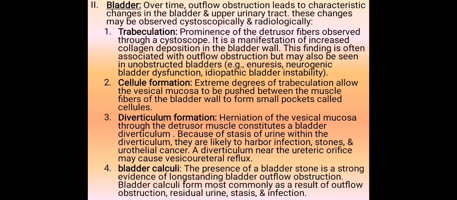A diverticulum constitutes a protrusion of the bladder mucosa outside the fibromuscular lining. Because of stasis of urine within the diverticulum, they are likely to harbor infection, stones, and urothelial cancer. A diverticulum near the ureteric orifices may cause vesicoureteric reflux.